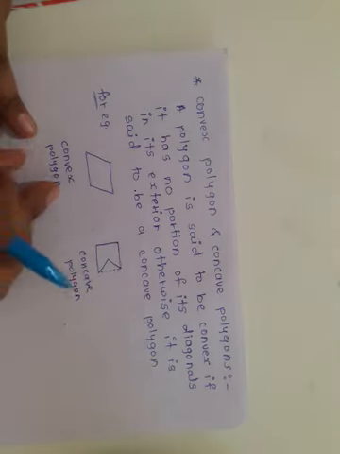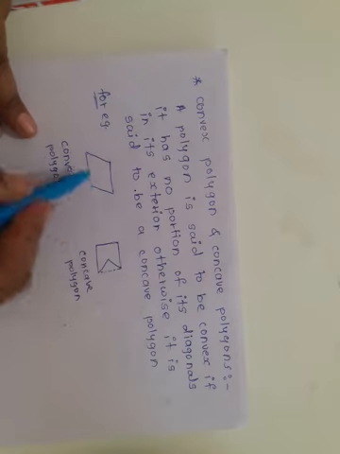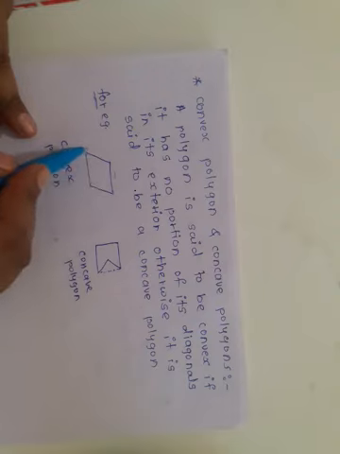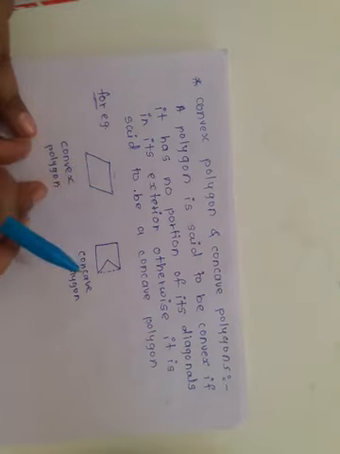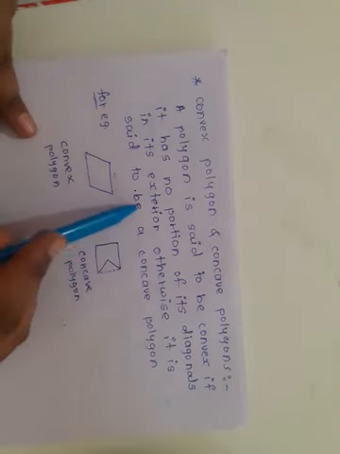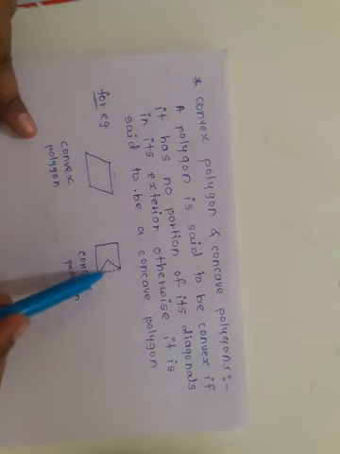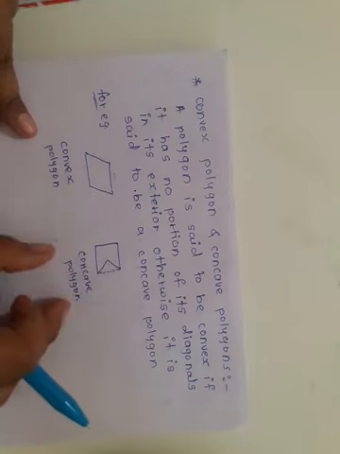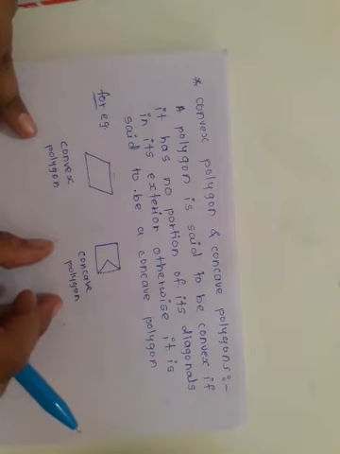But in a convex polygon it is not possible here, because outside there are no points which we can connect to each other. There are no consecutive or non-consecutive points which we connect with each other, and therefore this is a convex polygon. So concave polygon means in the exterior portion we can draw this diagonal easily, and therefore this is a concave polygon.